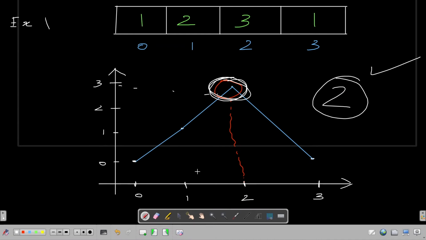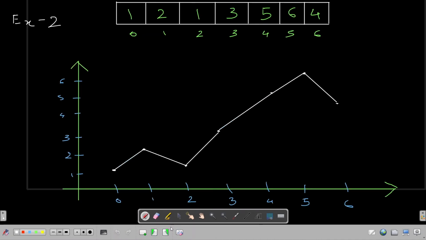Let's see the second example now. So this is the second example, and for convenience I have drawn the graph. What you can see here is that there are actually two peaks. This is also a peak, this is also a peak, right?